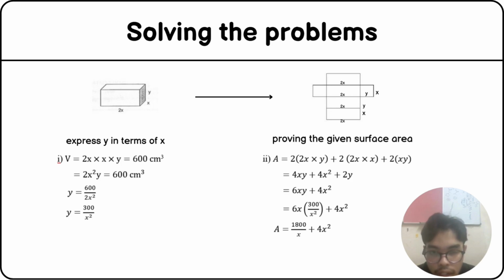And the final answer we get is area equal to 1800 over x plus 4x squared.